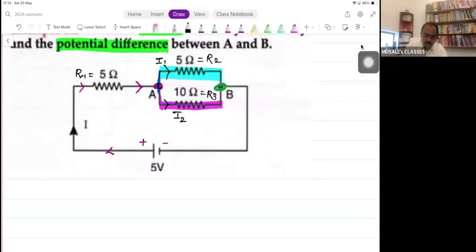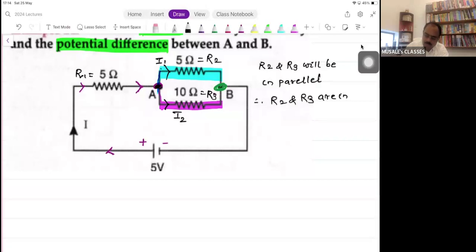So at point A, current is getting divided. Therefore, R2 and R3 will be in parallel. R2 and R3 are in parallel.